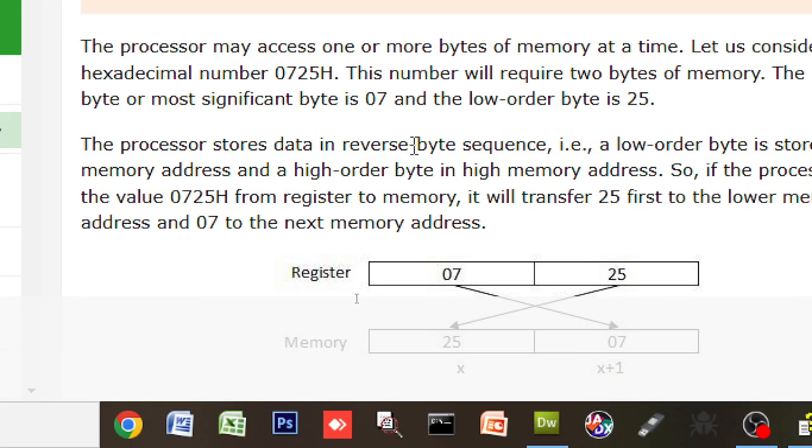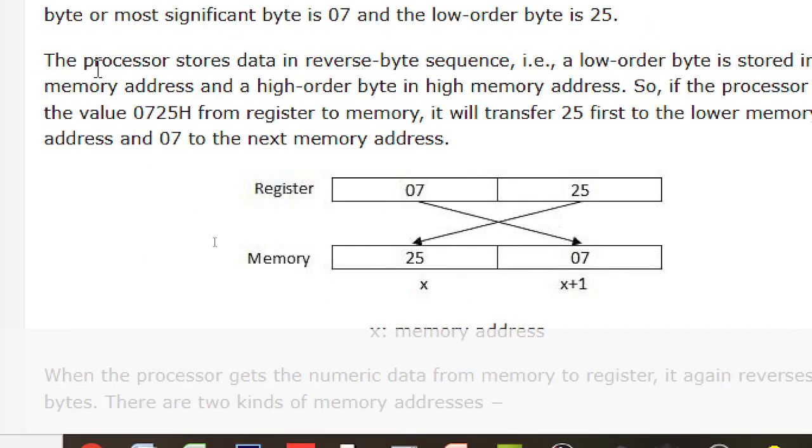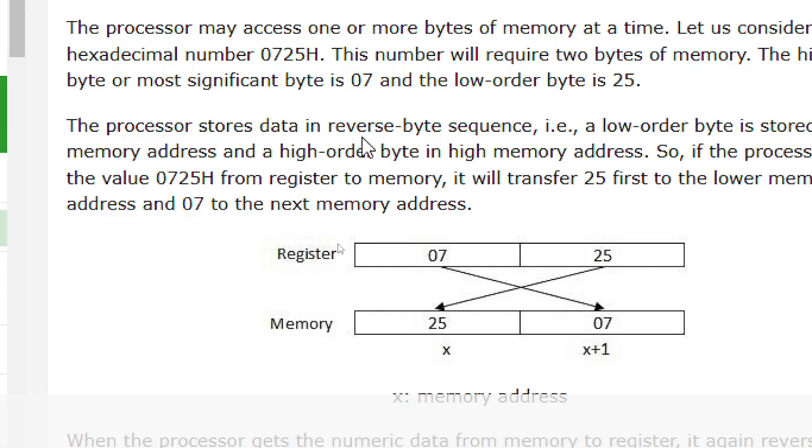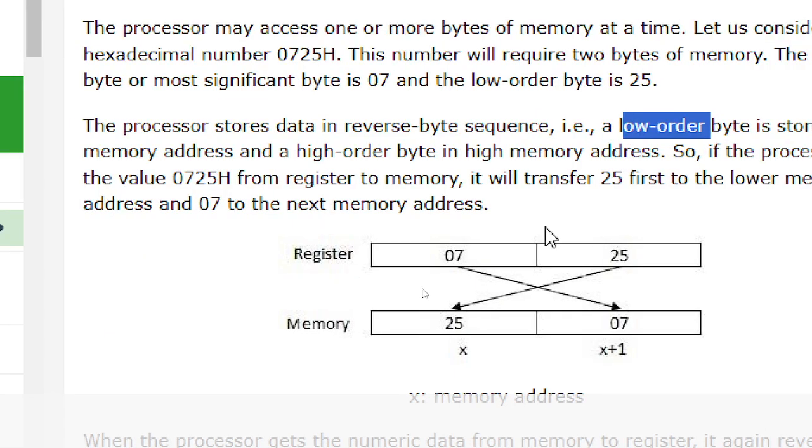Read this one. The process, when it is in register, 0725, but once it is written in the memory, it is the reverse. It says here the processor stores data in the reverse byte sequence, low order byte first. So this is little endian.